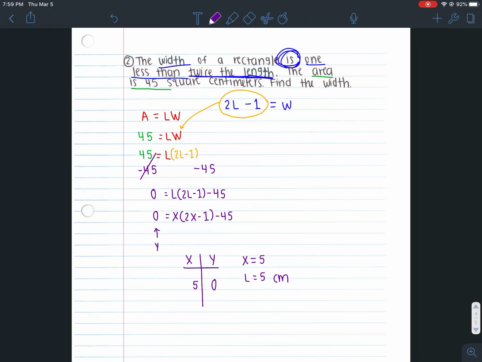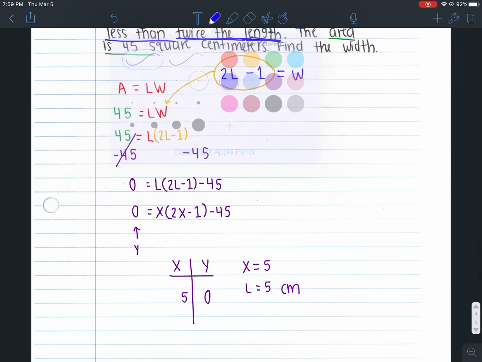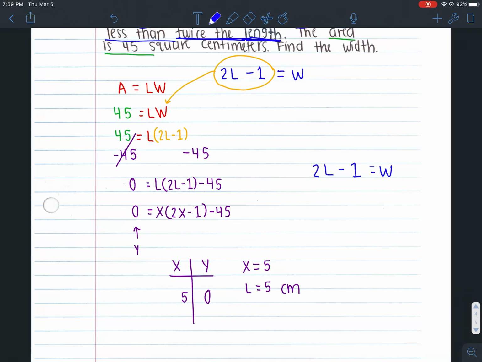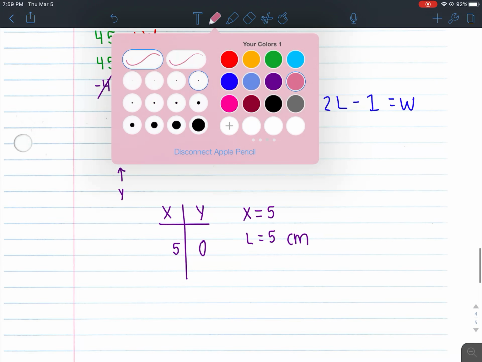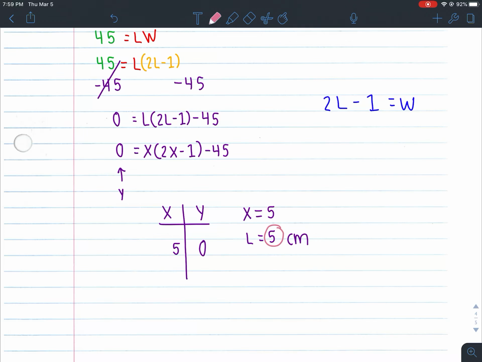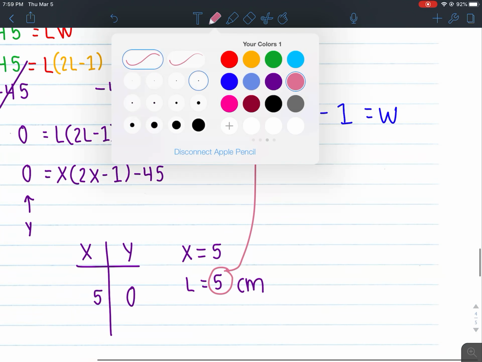Well, since I know the length is 5 centimeters, how can I find the width? Well, I can use that original equation I had, 2L minus 1 equals W. Okay? Now, I know that length equals 5. L equals 5. Well, where can I plug in the 5? I can plug it in for the letter L, because L equals 5.